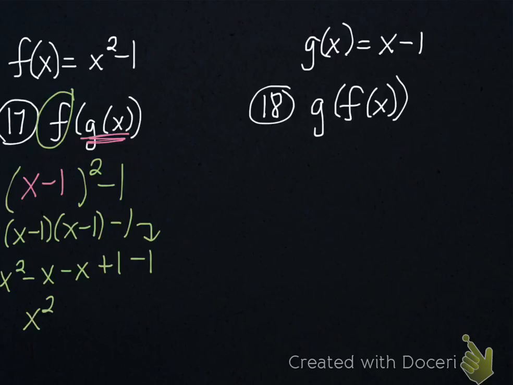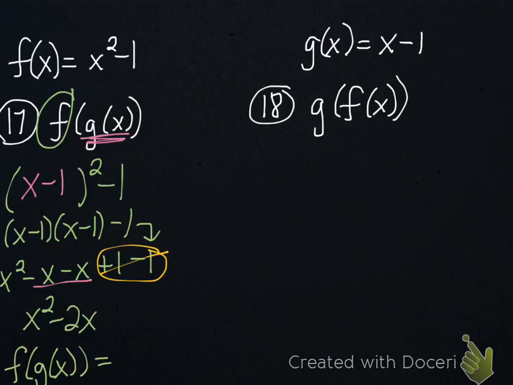X squared. Okay, I have 2 minus x's, so I would have minus 2x. And looky there, plus 1 minus 1 cancels. So the f of the g of x is just going to be x squared minus 2x.